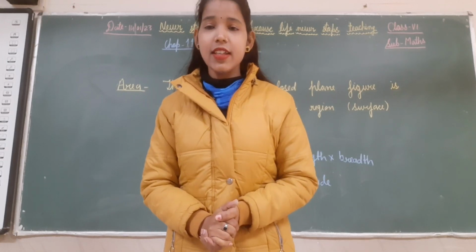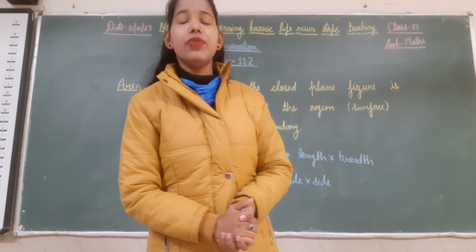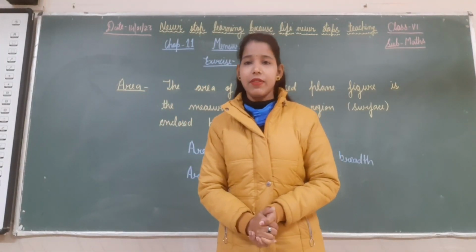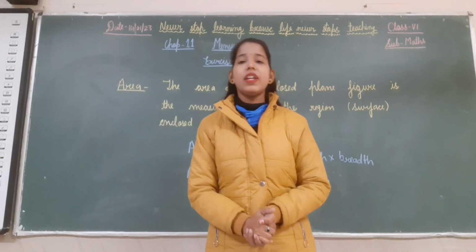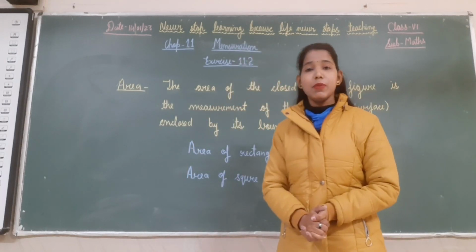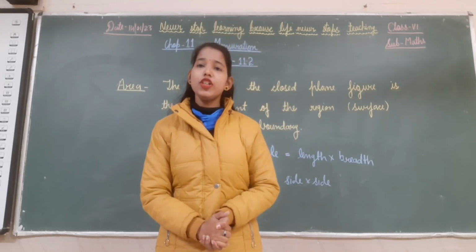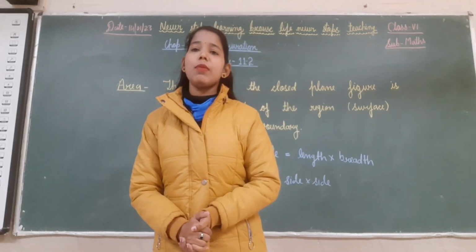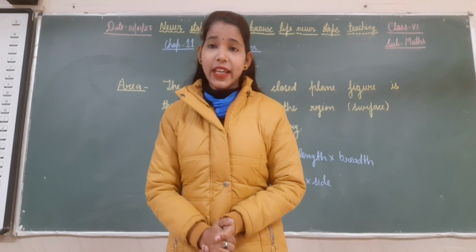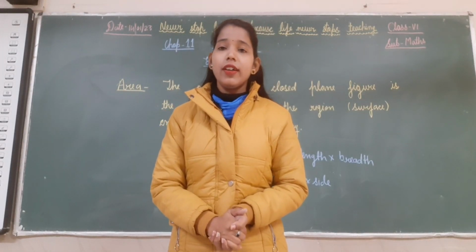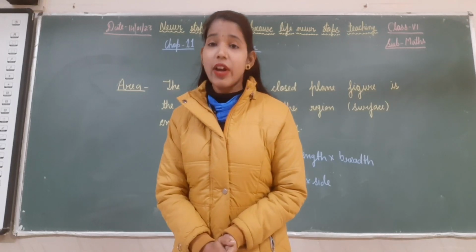So class 6, as you all know, we are doing our chapter Mensuration, chapter number 11, right? Last day we completed our exercise 11.1 and today we will start our exercise 11.2. I have made you understand the concept of area, right? What is area, how to find area, which paper we use to find out area.